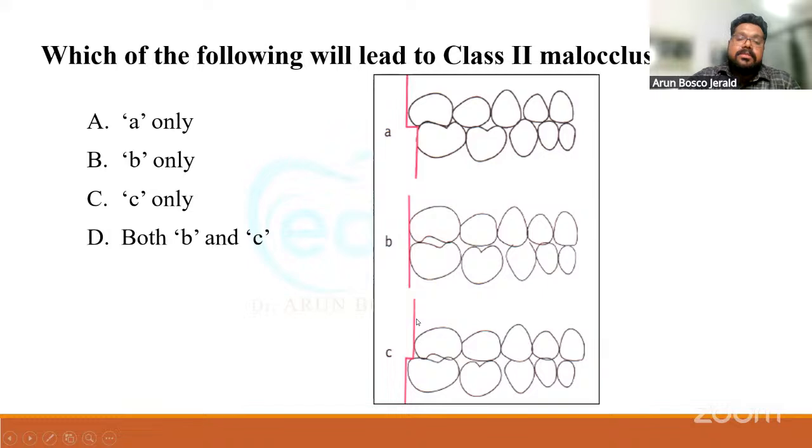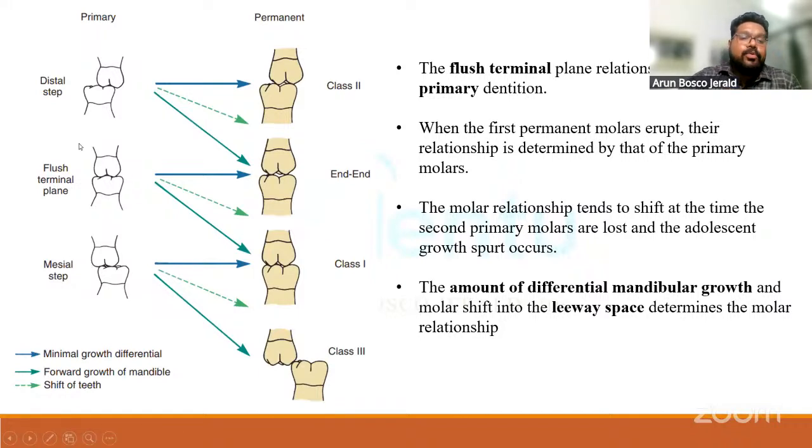Now what happens to the permanent molars once they erupt? See this image. The second image shows the flush terminal plane in which the deciduous molars are present. This flush terminal plane gives a guiding posterior plane through which the permanent first molars erupt. When the permanent first molars erupt, they will be in an end-on relationship.